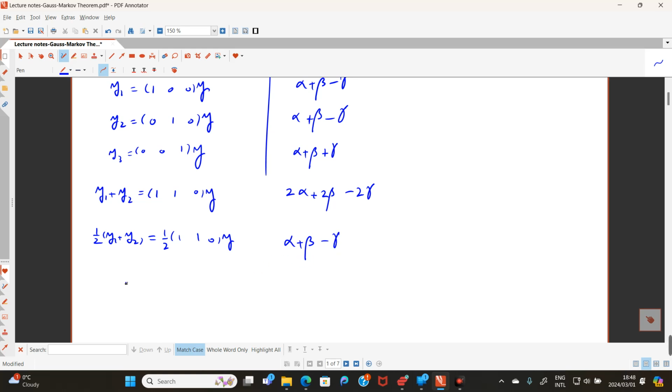And also half of y2 plus y3, which is half of 0, 1, 1 times y. Once again, if you want to add the second element with the third element of y, you use the vector 0, 1, 1 with y, and then half here. The resulting linear function of parameters is alpha plus beta.